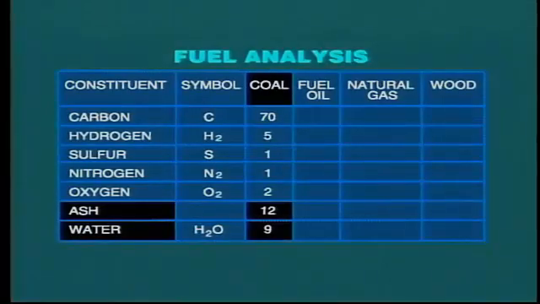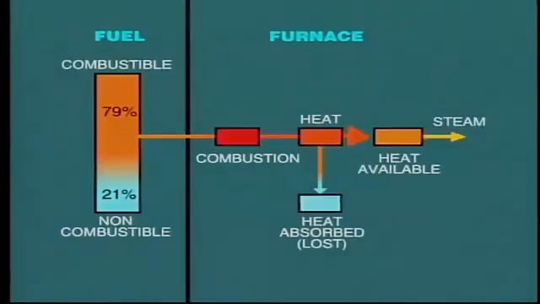The moisture is not combustible, and neither is the ash. So in this particular coal, we have 21% of the total which does not enter into combustion at all. Moreover, this non-combustible material actually absorbs heat and so reduces the energy available for steam production.